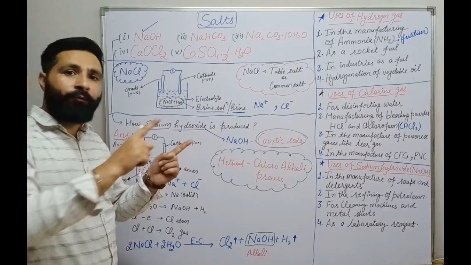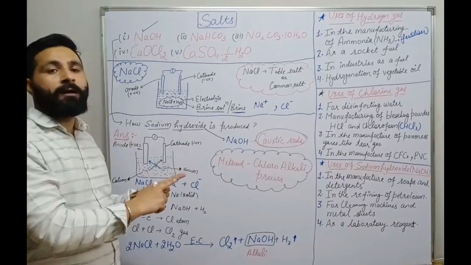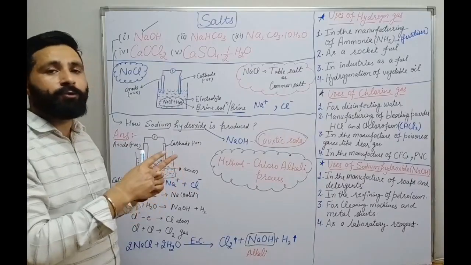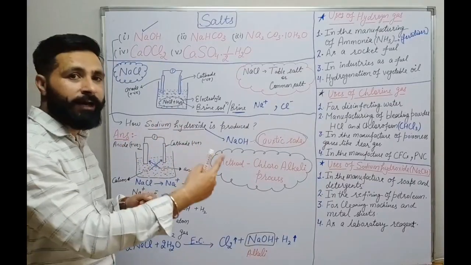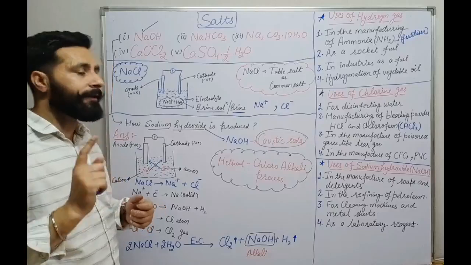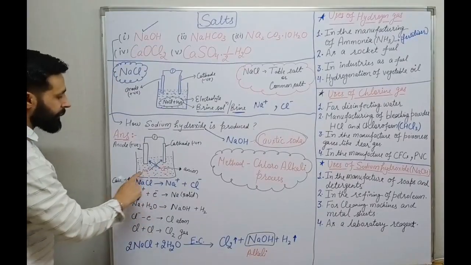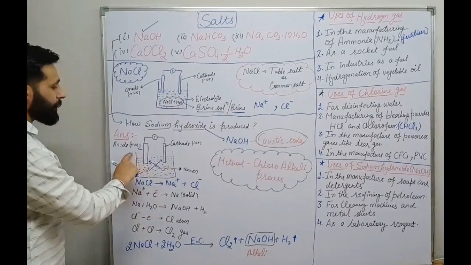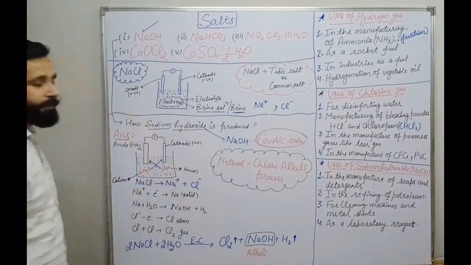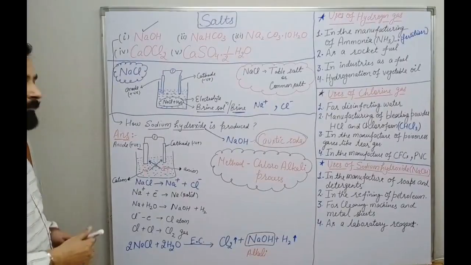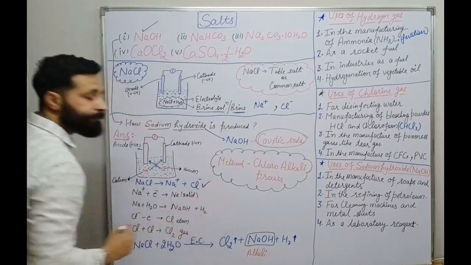Those ions moving towards the anode are called anions, and those ions moving towards the cathode are called cations. Till here clear?